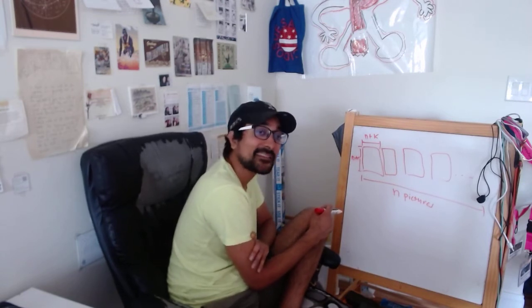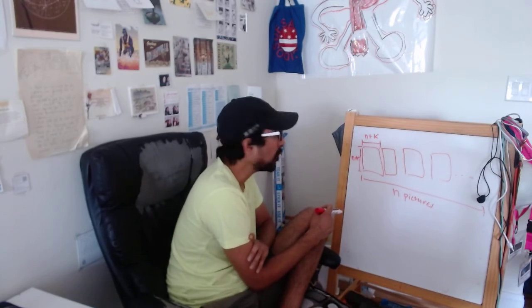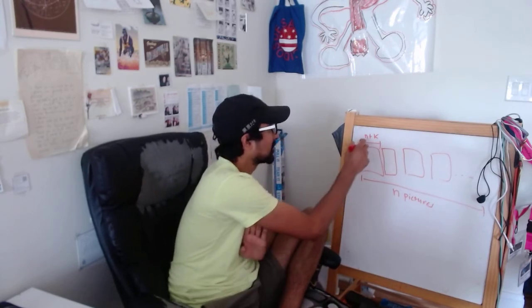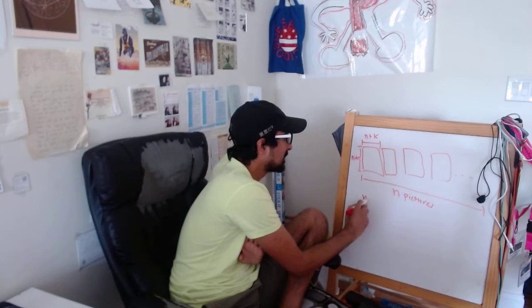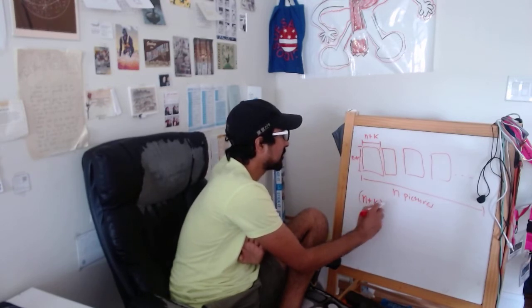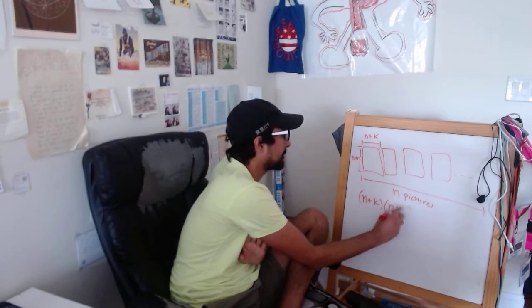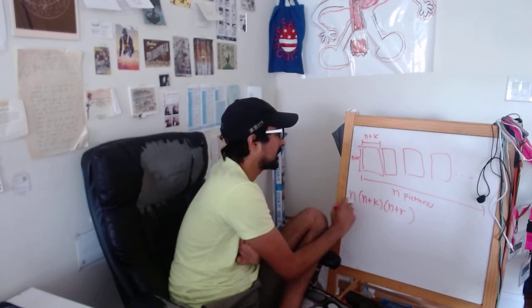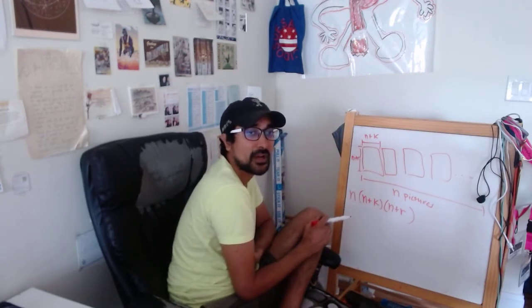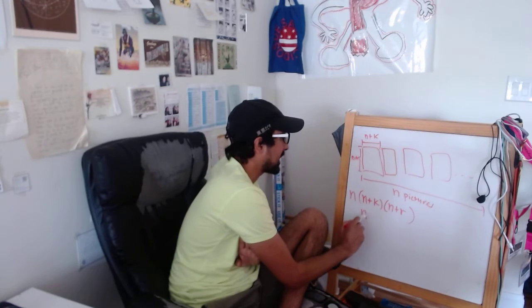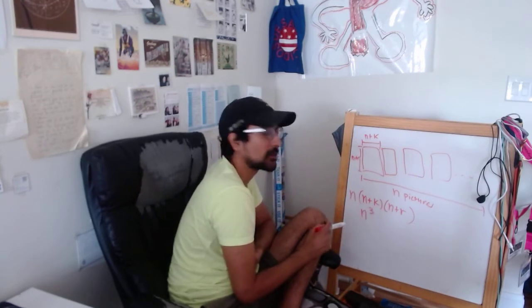And so in that case, as you might guess, every picture has this going on, and we're doing it that many times. So you might imagine that our first term is going to be that.